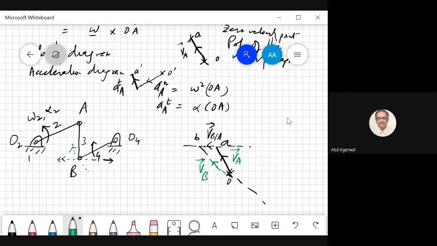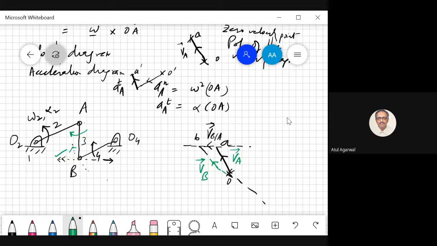Now you see velocity of B with respect to A. So the observer at A is seeing that B is going like this. This is the right one. So how can that happen? If your bar 3 rotates like this. So you see, this is also turning clockwise. This is a clockwise rotation.